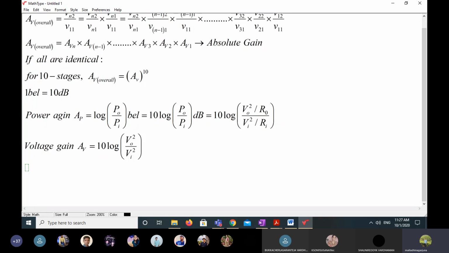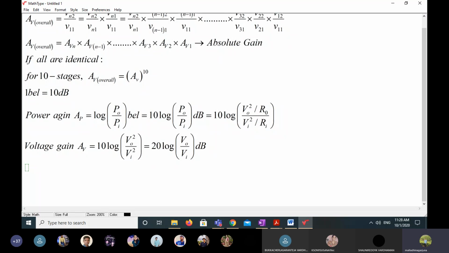The square comes to the front of the logarithm, so 10 becomes 20 log of V naught divided by Vi. So this is the voltage gain in terms of decibels: 20 log V naught by Vi dB. Earlier we called this the absolute gain.